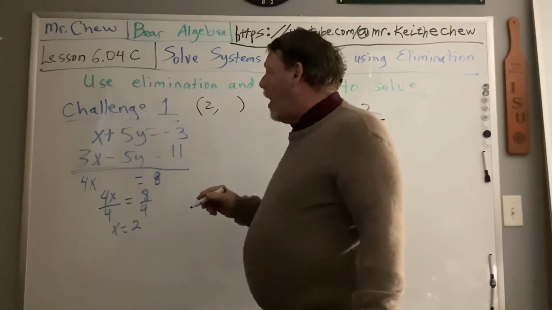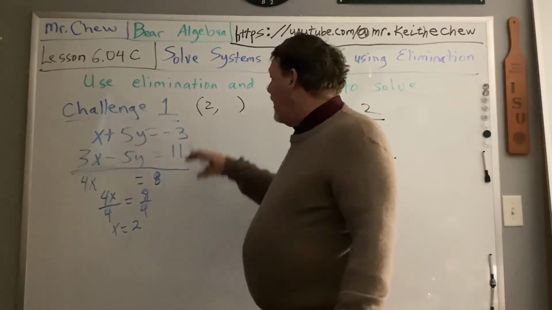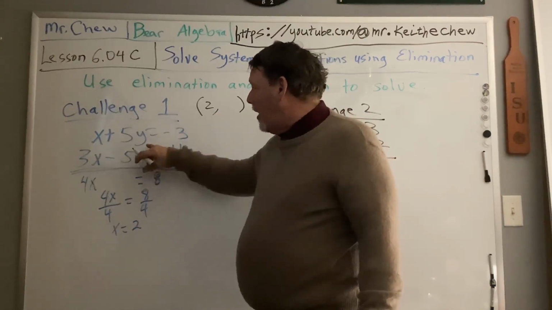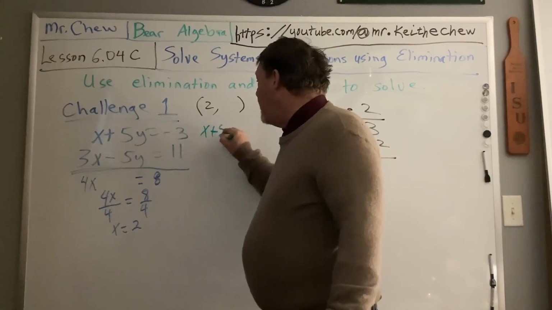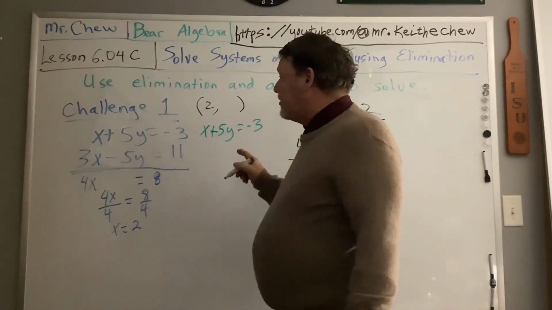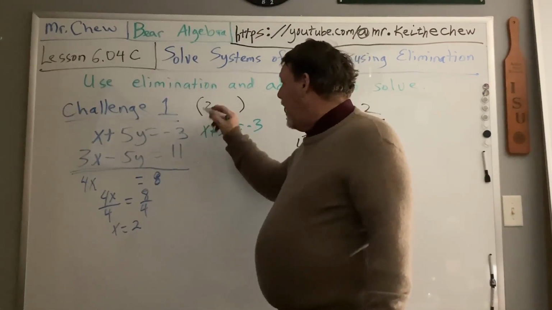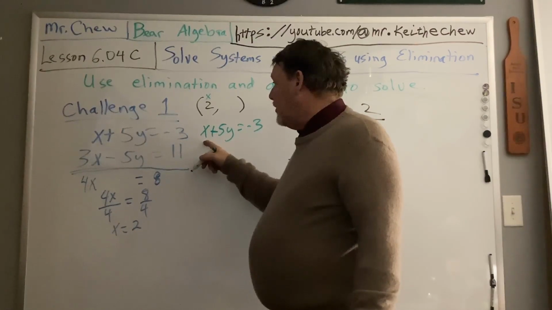So to find the y, I take either one of these equations and I plug a 2 in for my x. I'm just going to take the top one. It doesn't matter which one I take, but I'm going to substitute x equals 2 in here. So here's going to be my 2.